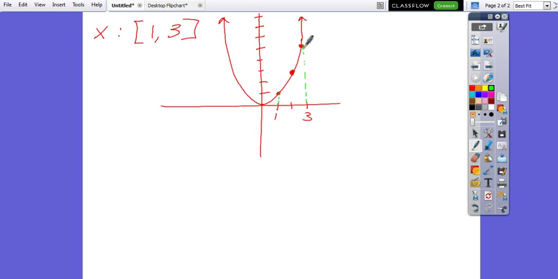Alright? Now, what are the 2 y values of these points? 1 and 5. 1, 2, 3, 4, 5. Okay? Now, how do we find slope? What's the formula?